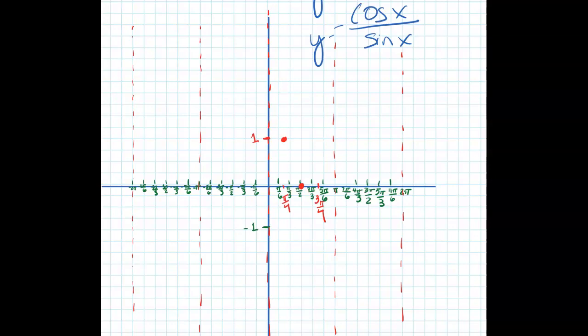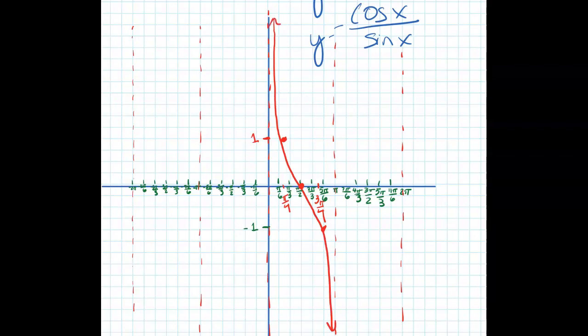The reason is I have an important point at pi over 4, and that's still going to be 1 over 1 once we simplify, because I get the square root of 2 over square root of 2 again. And then at 3 pi fourths, now I'm going to have a negative 1. Simplifying that down, one period of cotangent looks something along the lines of that graph.